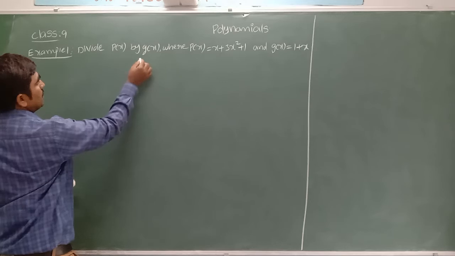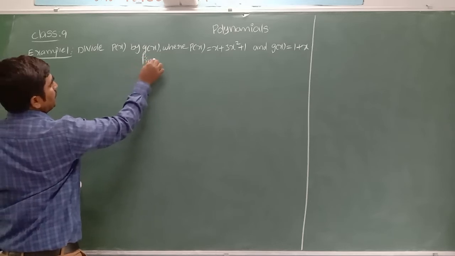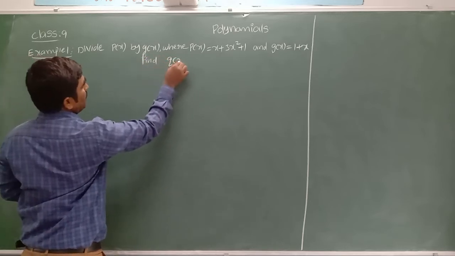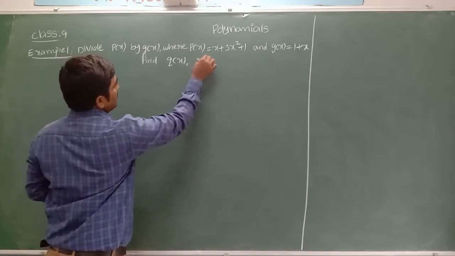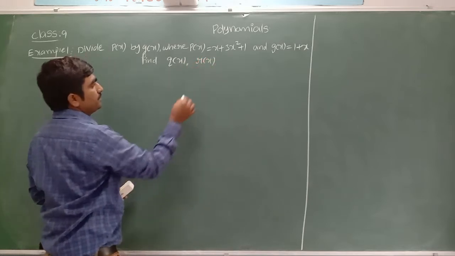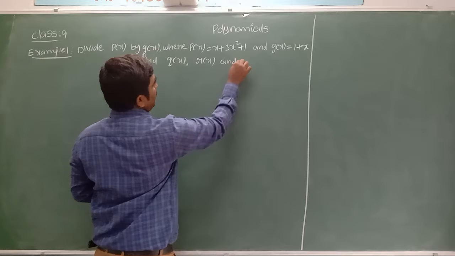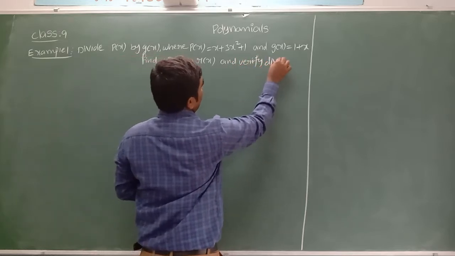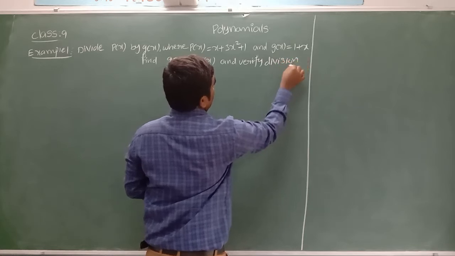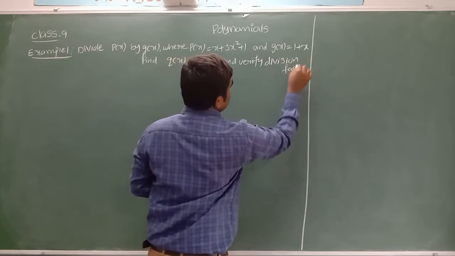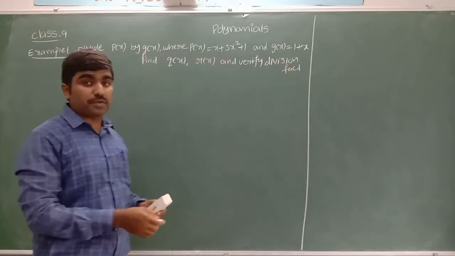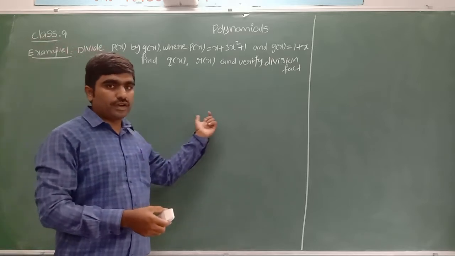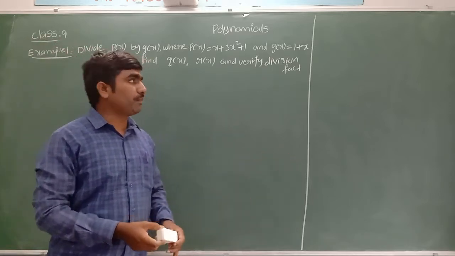After division, find q of x, the quotient, r of x, the remainder, and also verify the division fact. We already know the division fact: dividend is equal to divisor into quotient plus remainder.